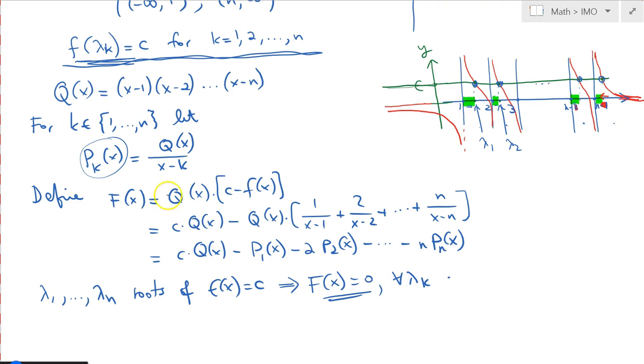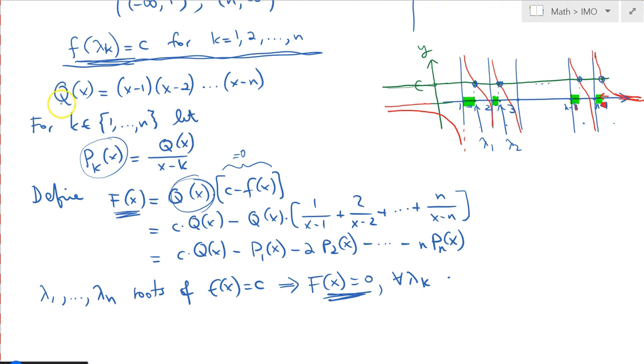Why? Because look at how we define capital F. If the lambdas are making this factor equal to 0, then regardless of what q of x is, 0 times something is just 0. So those are also the zeros of capital F of x. But notice that capital F of x has degree n, right? So that's crucial.